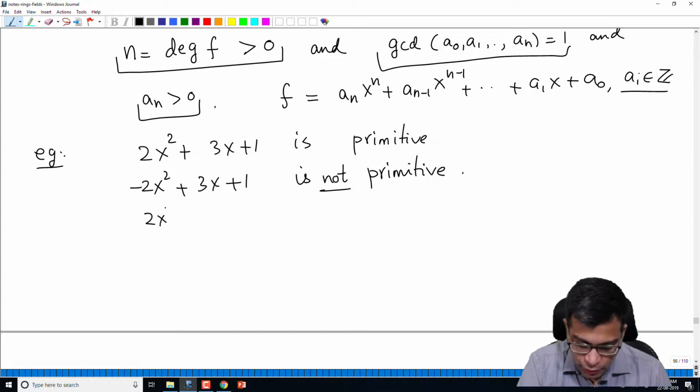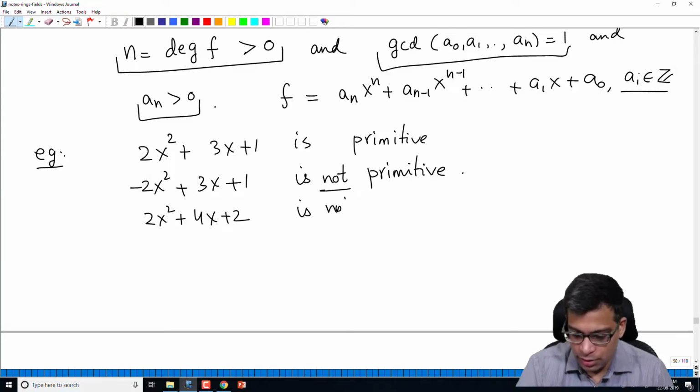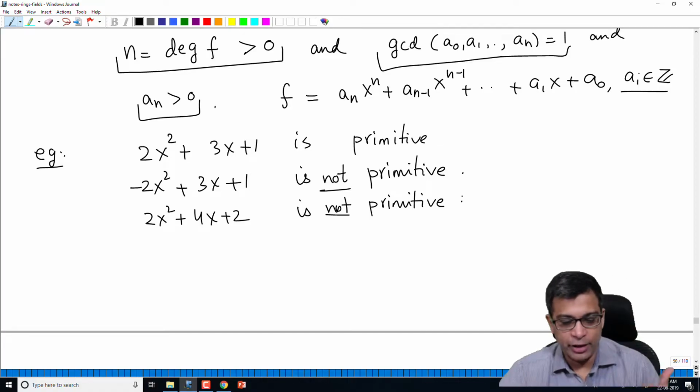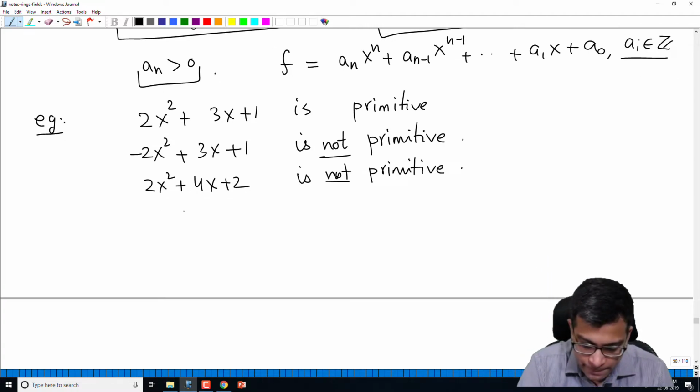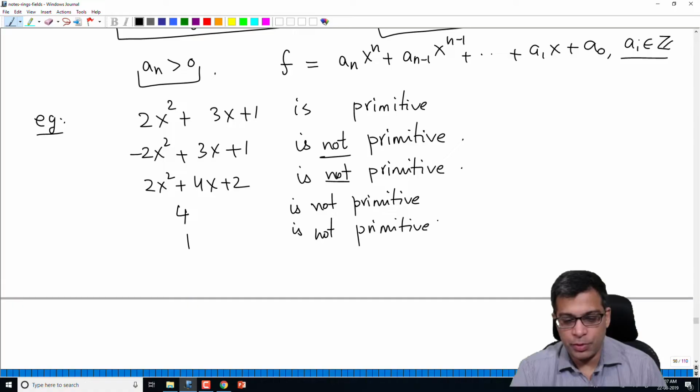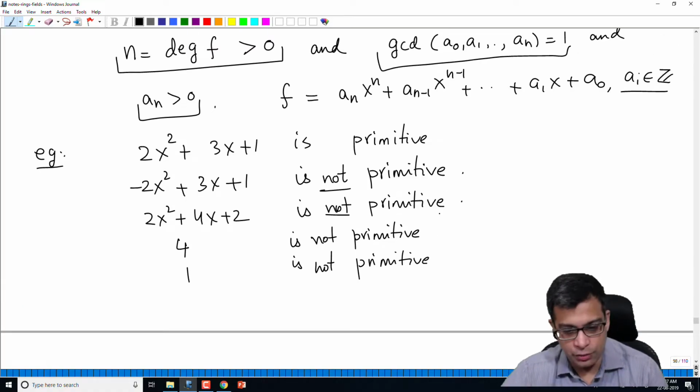Similarly, we have 2x^2 + 4x + 2. Here also it's not primitive because the leading coefficient is positive, the degree is positive, but the GCD of the coefficients is not 1, because the GCD is 2 here. Similarly, 4 is not primitive for many reasons: the degree is not positive, and the GCD of the coefficients is not 1.